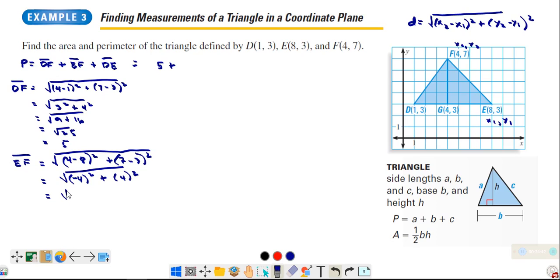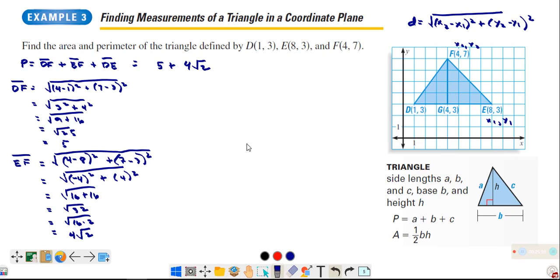So we have here 16 plus 16, which will give us square root of 32, which can then be transformed into 16 times 2, which will give us 4 square root of 2. So, meron tayo ditong 4 square root of 2.